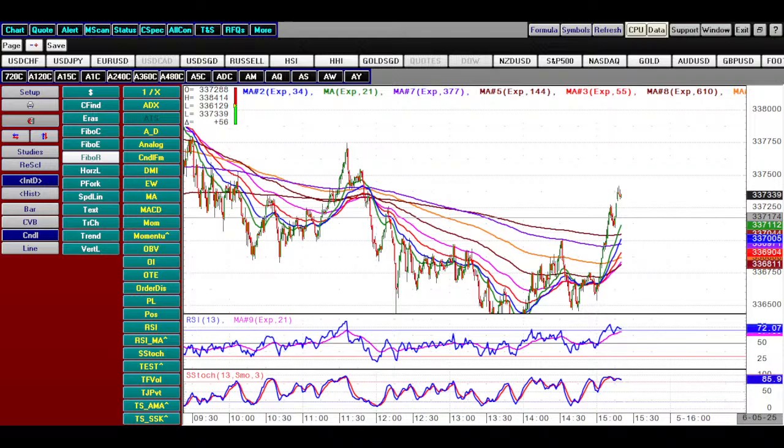Then the second one was 3372 half, and third one is 3378 half. Okay, so these are the TP levels. So you can just key in these orders, then we can see how this thing works.